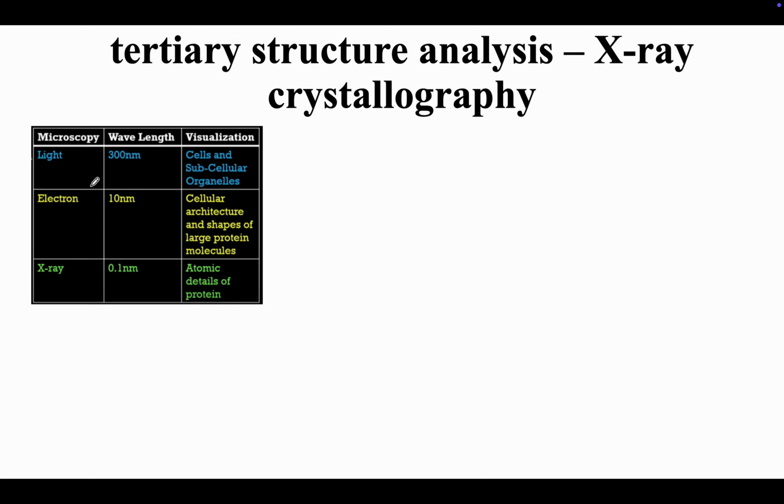So with an electron microscope we can visualize cellular architecture, like the subcellular architecture of different proteins and organelles. Whereas X-rays have a very small wavelength, and this will help us to analyze or visualize different atomic details of a protein.